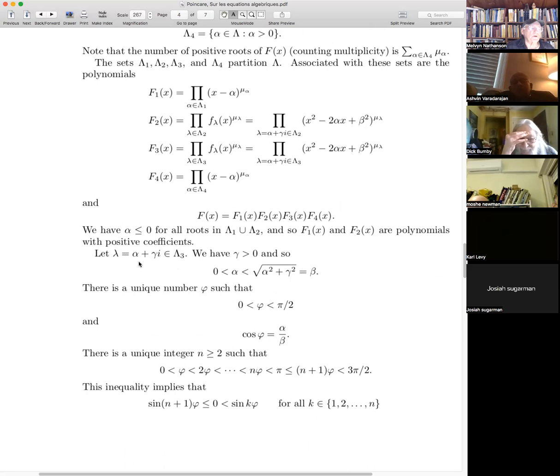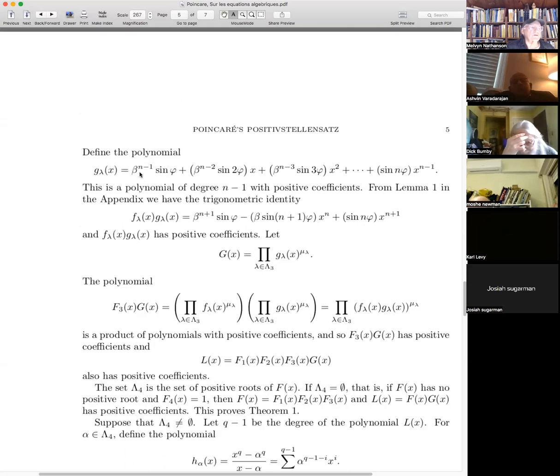So beta comes from this complex root. So here I have this positive number beta, sine theta, sine 2 theta, up to sine n theta. Those are all positive. So what I've written down is some trigonometric type polynomial, a polynomial in x of degree n minus 1 with positive coefficients that are somehow trigonometrically defined. And every one of these coefficients is positive.